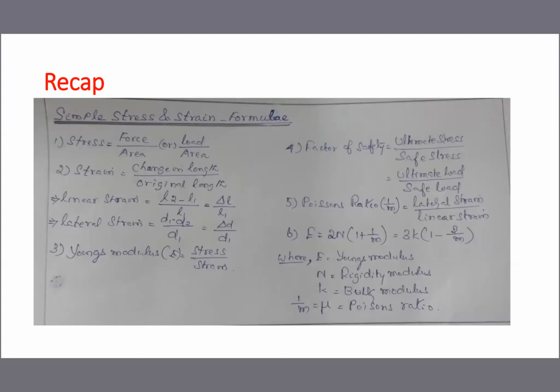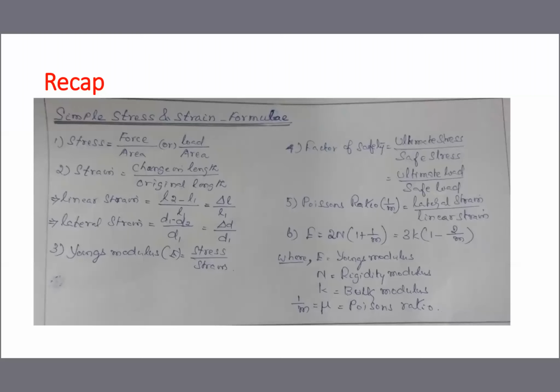They test the rod at maximum load, how much load it can withstand. They test the rod by breaking it, so then only you get the factor of safety. So just to recall, factor of safety is the ratio between ultimate stress and safe stress, or ultimate load divided by safe load.